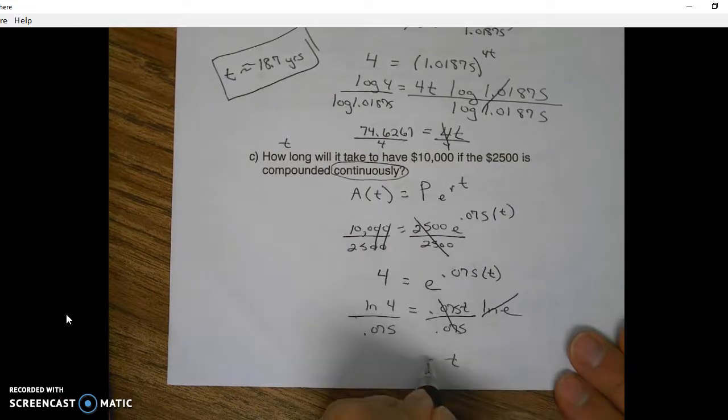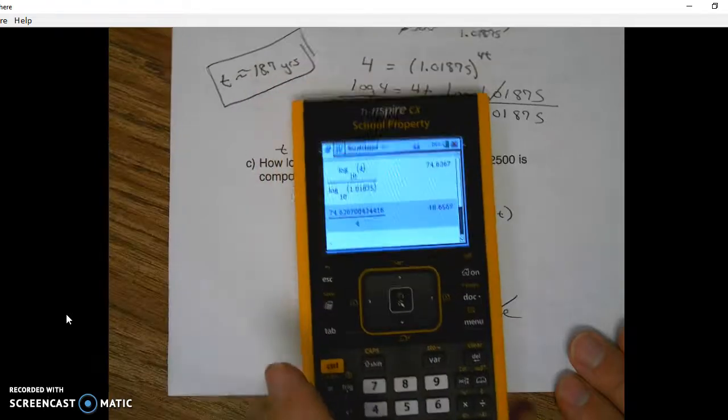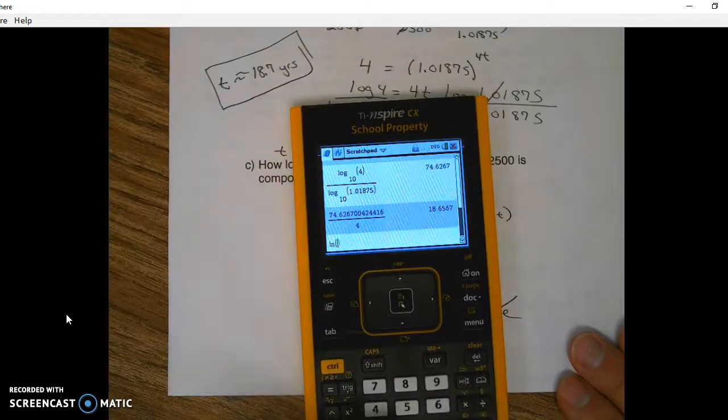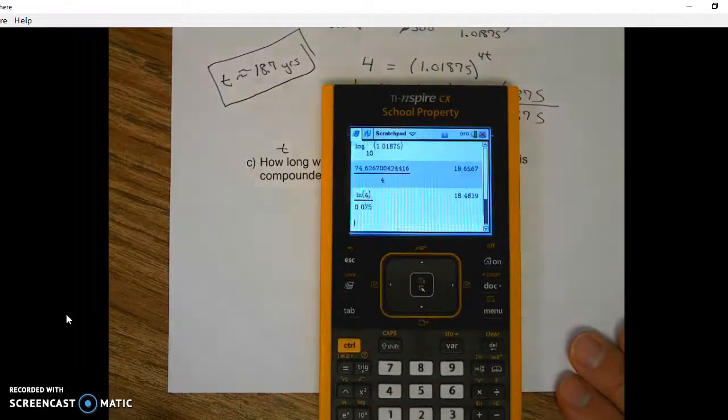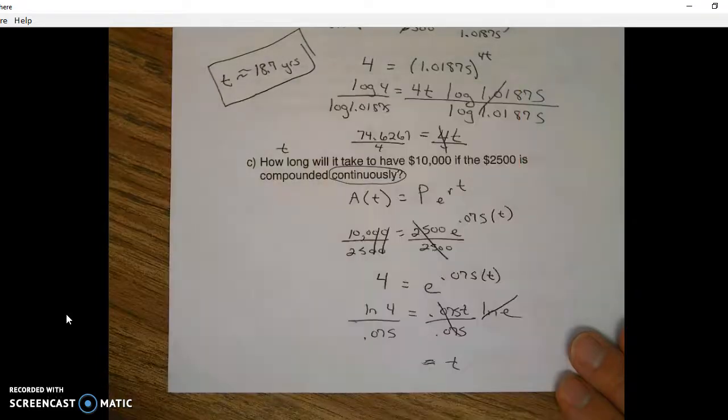So t is going to be approximately natural log of 4 divided by 0.075, 18.5 years.